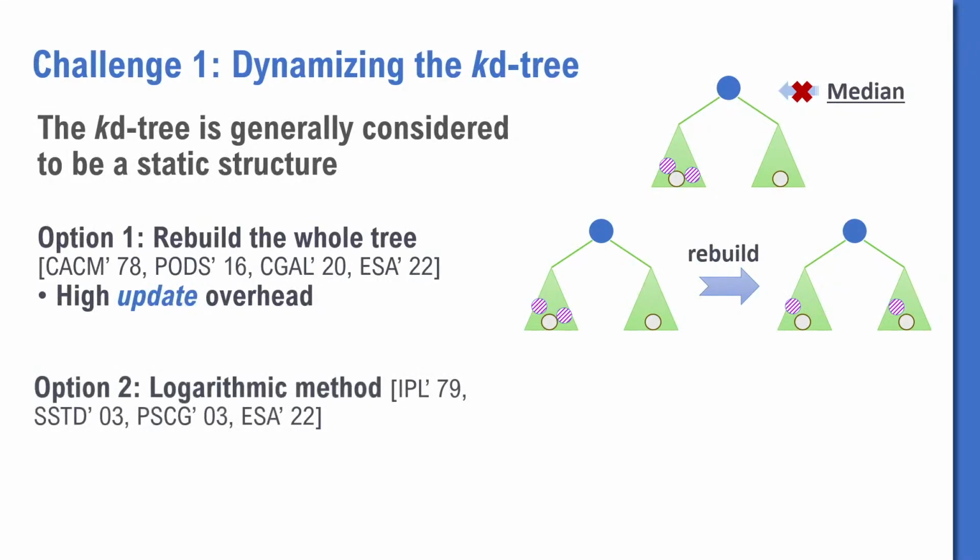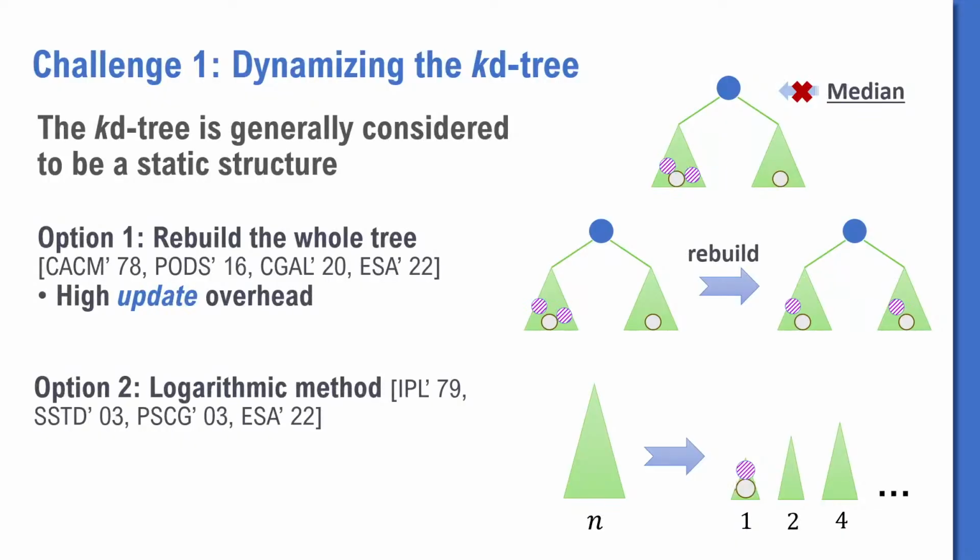Another solution is called the logarithmic method. The high-level idea is also simple, if you have not heard about it. If you have n elements, I'm going to build up to log n trees based on the binary representation of n. Now if I insert another point, it will go to the first tree.